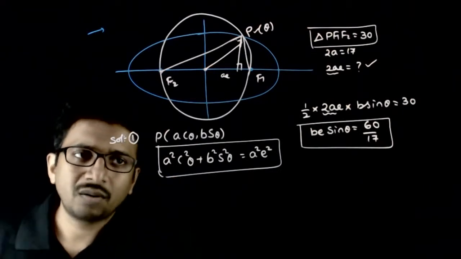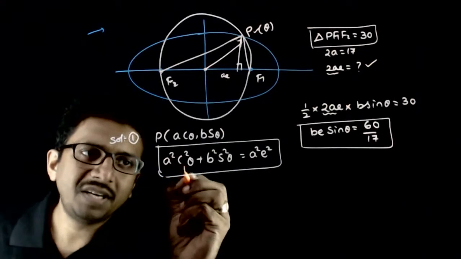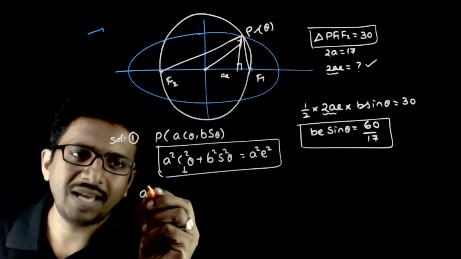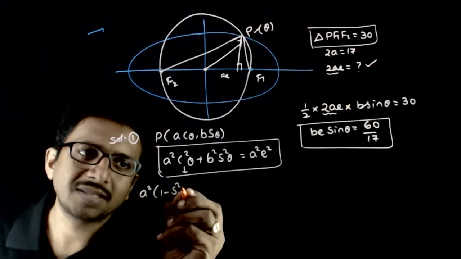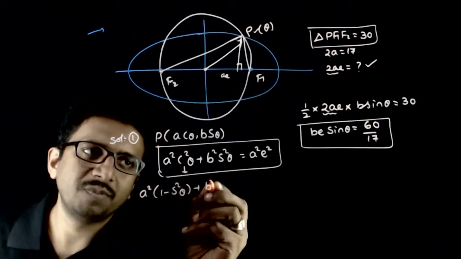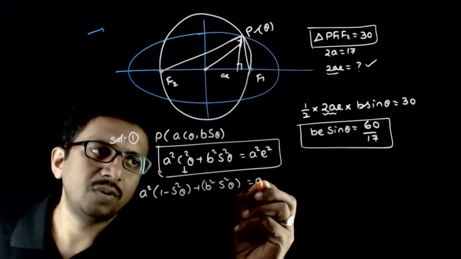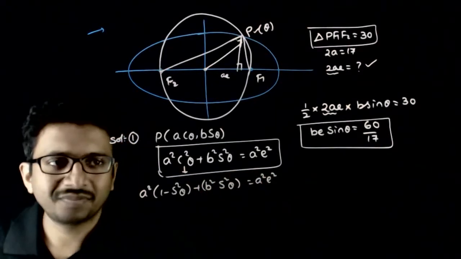So first, let me take cos square theta as 1 minus sin square theta. So A square into 1 minus sin square theta plus B square sin square theta is equal to A square E square.